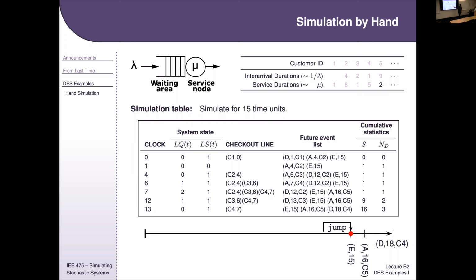I hate to do math in public, but 13 minus 6 is 7, and 9 plus 7 gives you that 16. So it jumps from 9 to 16 here because customer 3 departs and was in the system for 7 whole seconds. Does that help online?